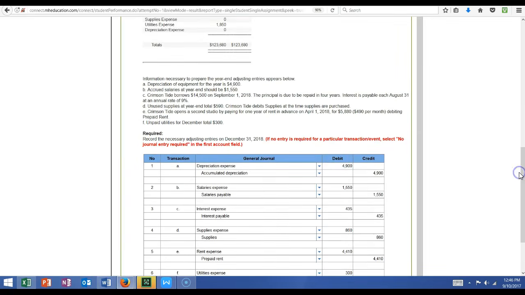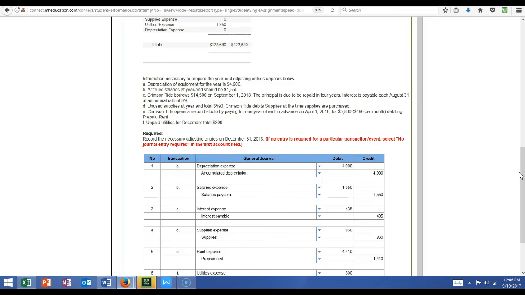Next, rent expense. Crimson Tide opens a second studio by paying for 1 year of rent in advance on April 1st for $5,880, debiting prepaid rent. So they took a year's prepaid rent, but think about it. 9 months have gone by since they paid that.